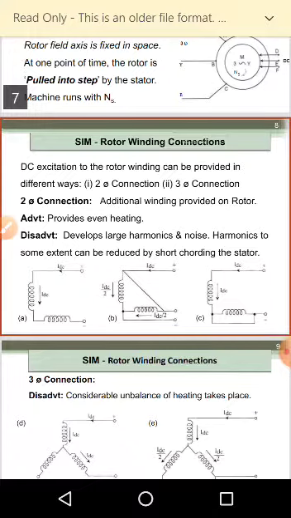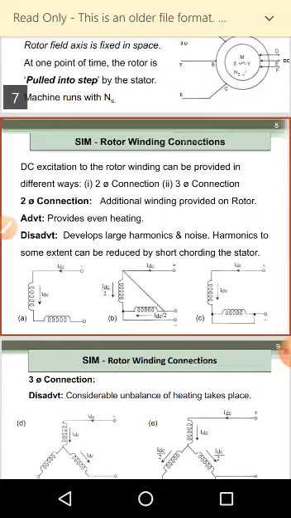Now, in this slide we have said how the DC excitation is provided. The DC excitation to the rotor can be provided by two different methods. One is having an additional rotor winding. There is already a 3 phase rotor winding, so one option is that you can add another 2 phase rotor winding.